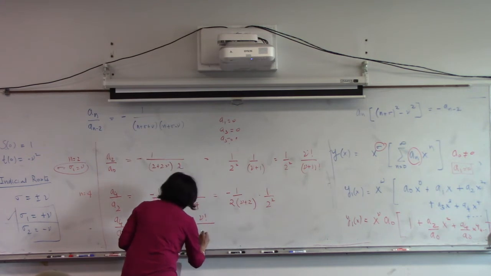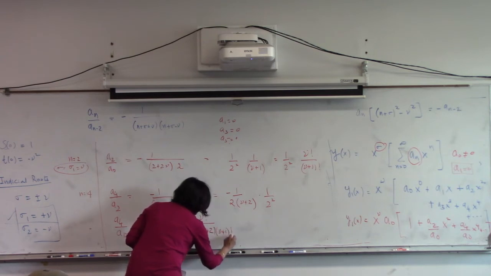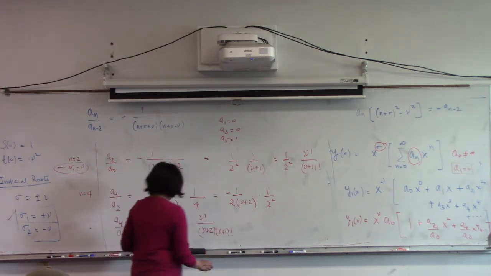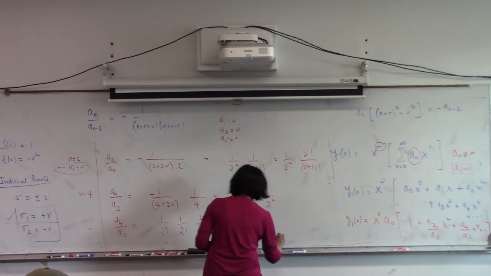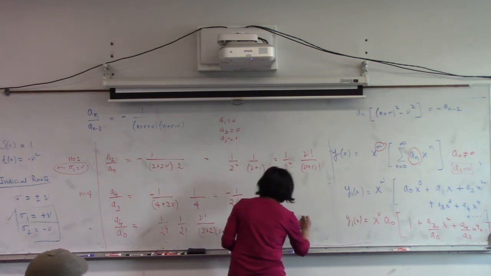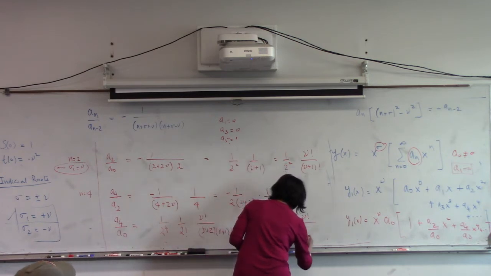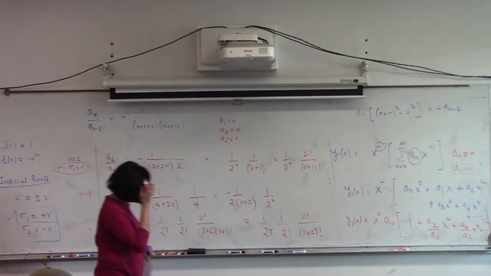And then I have what? Nu plus 2 times nu plus 1 factorial, right? Can I write this as 1 over 2 to the 4, 1 over 2 factorial, nu factorial, nu plus 2 factorial, alright?